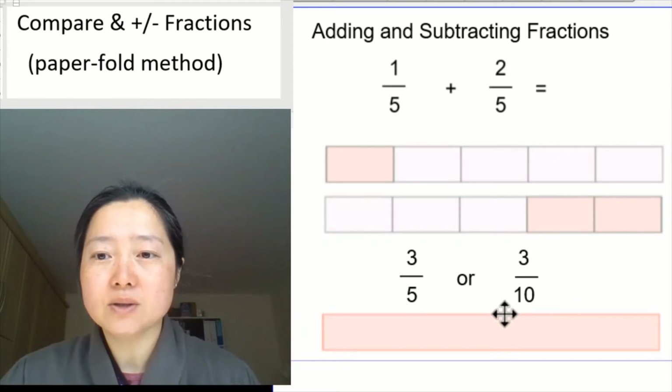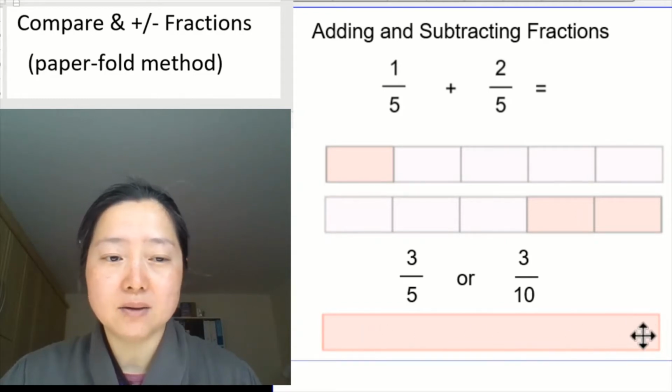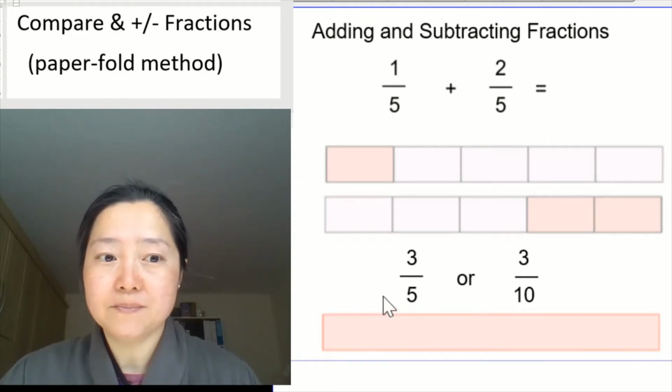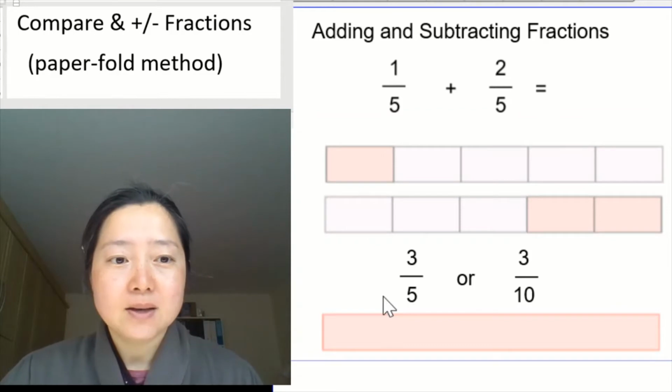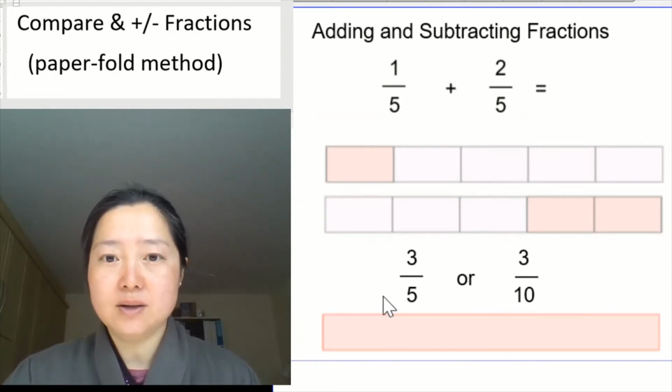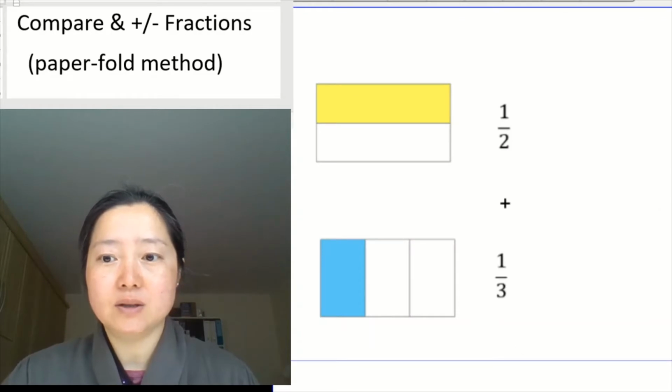So if you say, I color 3 squares, those 3 squares represent 3 squares out of only 1 bar, okay? So the answer is 3/5. Okay. If you're happy with that, let's move on to our activity about folding papers to calculate fractions.